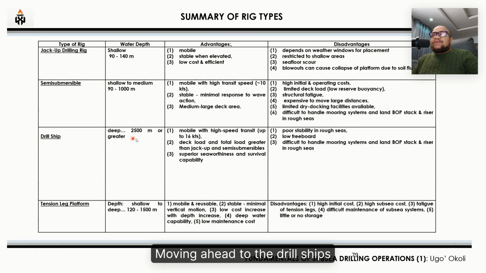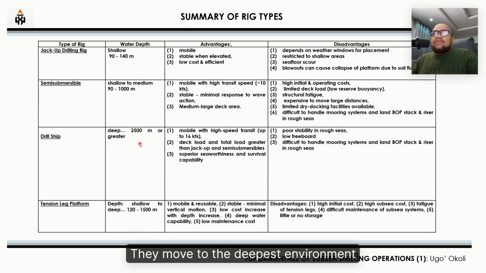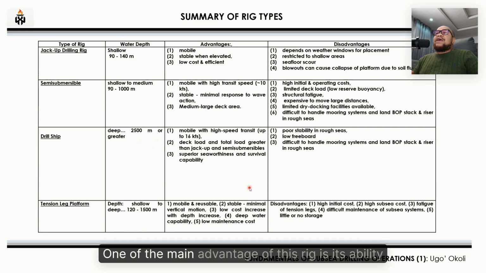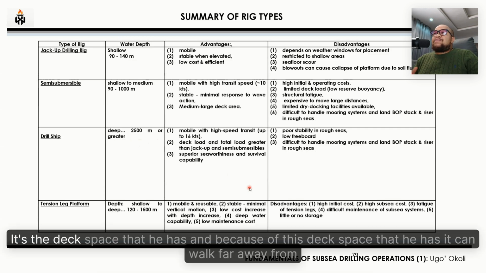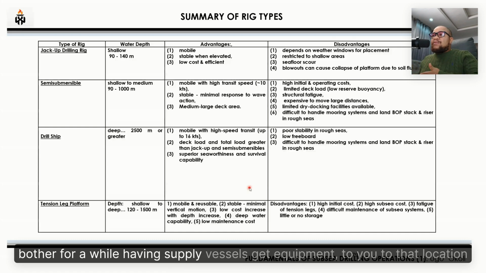Moving ahead to the drillships, they move to the deepest environment. One of the main advantages of this rig is the deck space that it has. Because of this deck space, it can go far away from the shores. It can take enough supplies, get to the location, and you won't have to bother for a while having supply vessels get equipment to that location.